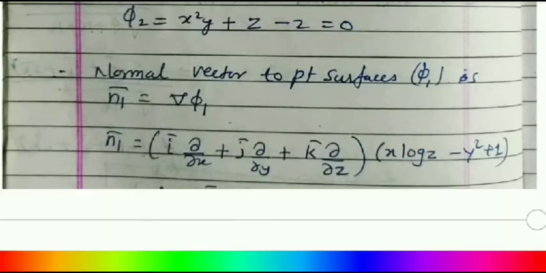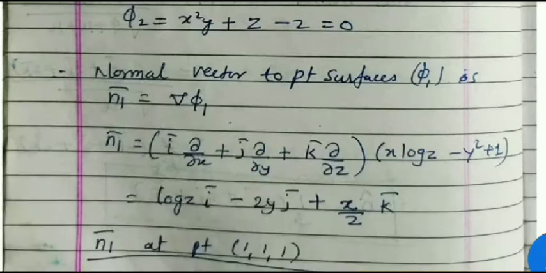And last, the derivative with respect to z: this term is 0 and the derivative of x log z with respect to z is x by z. So n1 bar is log z i bar minus 2y j bar plus x by z k bar.